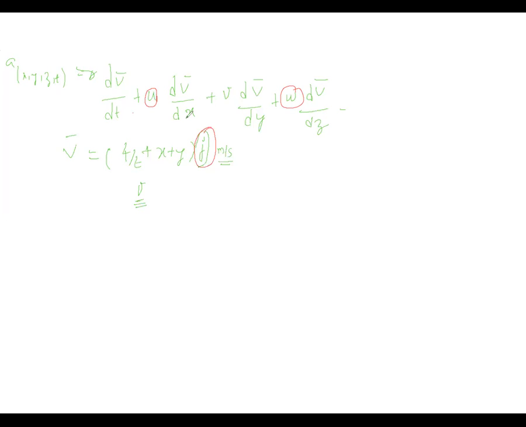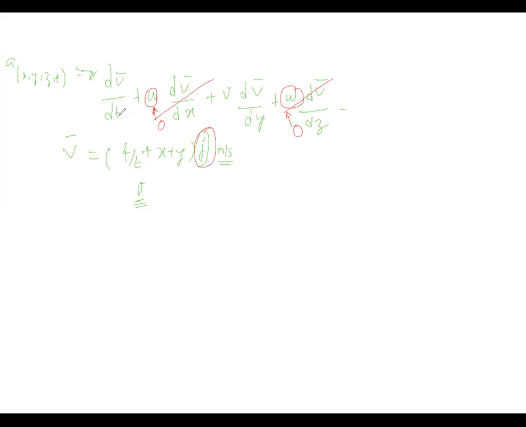That is not given. So this value is 0. Then this also is 0. So we can omit these. The remaining vector is t.